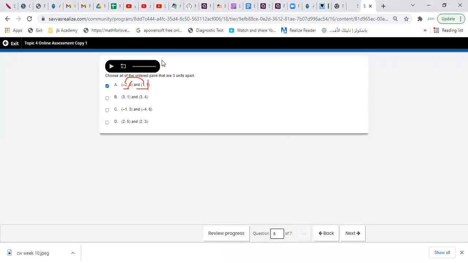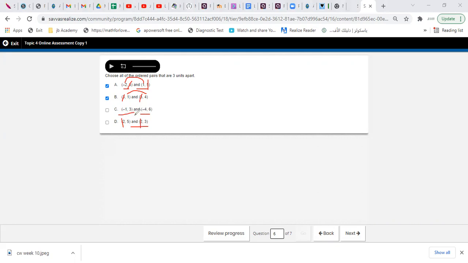Now what about B? We ignore the similar coordinate. Because they have similar signs, 4 minus 1 equals 3, so B is also correct. C, we cannot find the distance here because they have no similar coordinates; they don't have the same x or the same y.